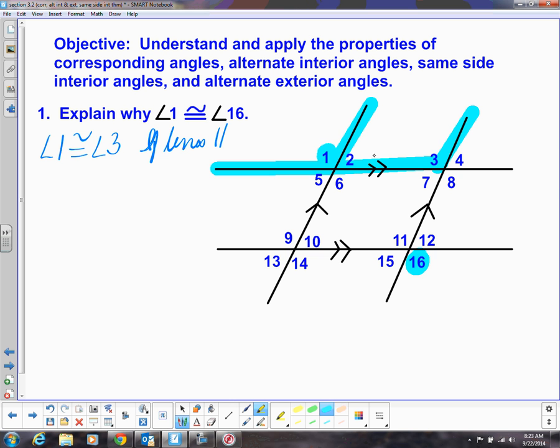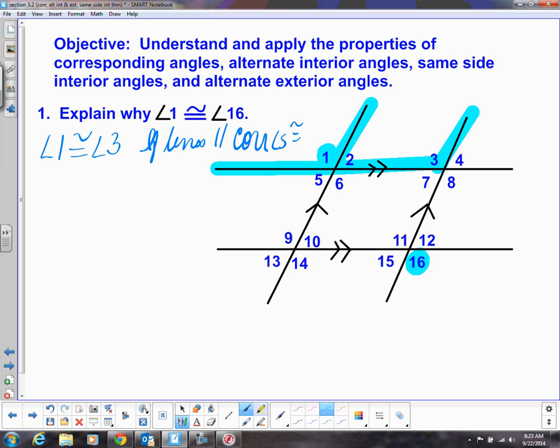Alternate exterior would be 1 and 8. 3 is in between the parallels. I don't know if you had to go sideways on your homework. If the lines are parallel, this would be corresponding angles congruent.